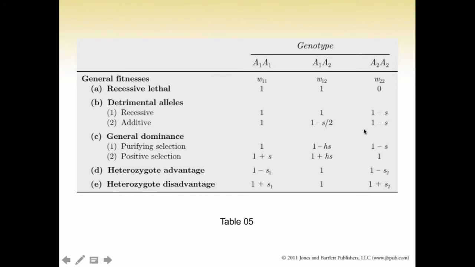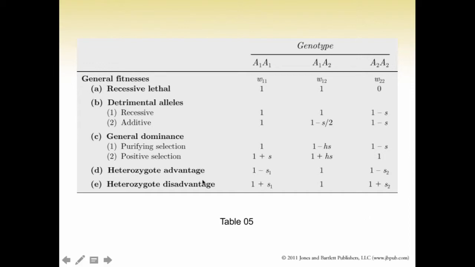If it's additive, depending on how many of the weaker allele are had, an individual does less well. So the heterozygote is less fit than the homozygote of the other allele, but still does better than the homozygote of the disadvantageous allele.